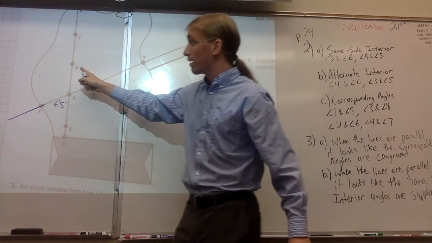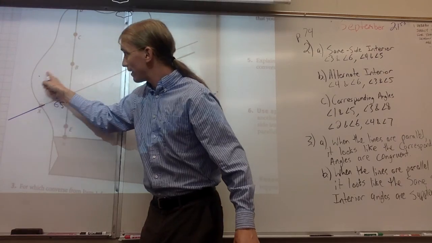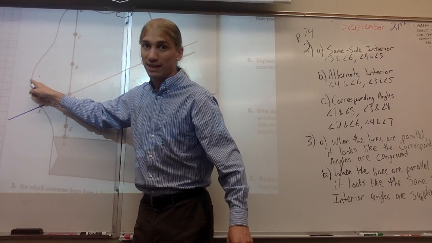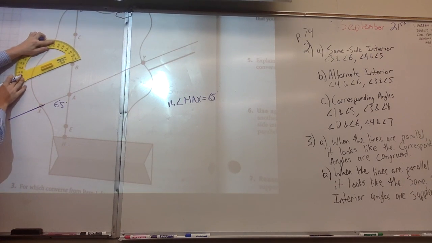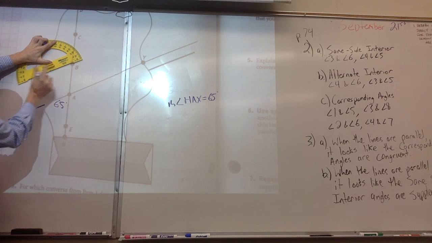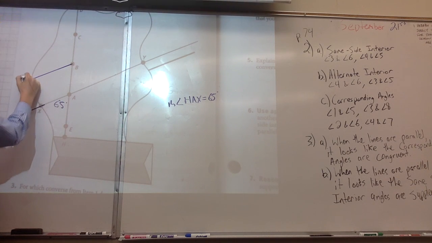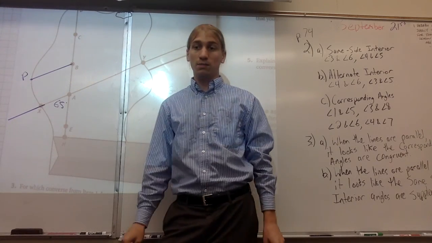So the line connecting B to this little point that you can kind of barely see, that's going to be where P is on, and P is actually on this edge, so P is wherever the line intersects the edge of the patio. So I go like this, put my protractor the other way to connect the dots, and then P is this point where this line intersects the patio.